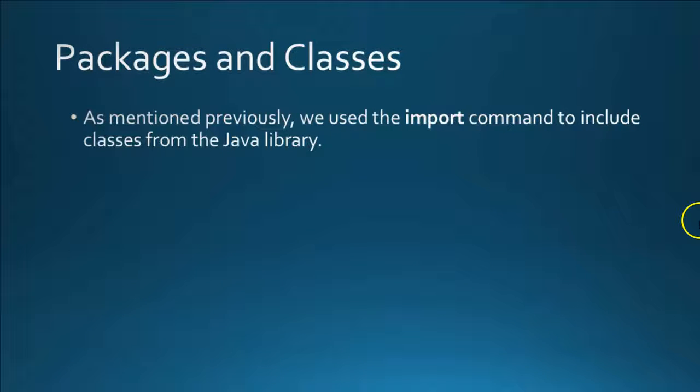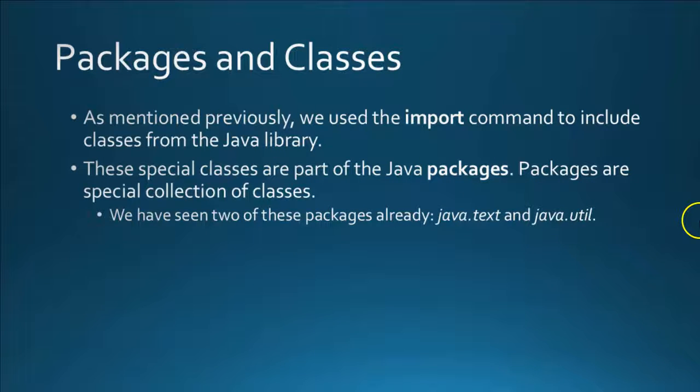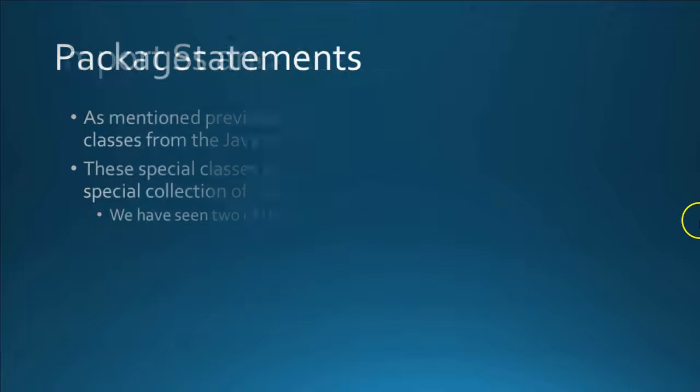All right, let's talk about packages and classes. As mentioned previously, we use the import command to include classes from the Java library. These special classes are part of the Java packages. Packages are a special collection of classes. We've already seen two, java.text and java.util.